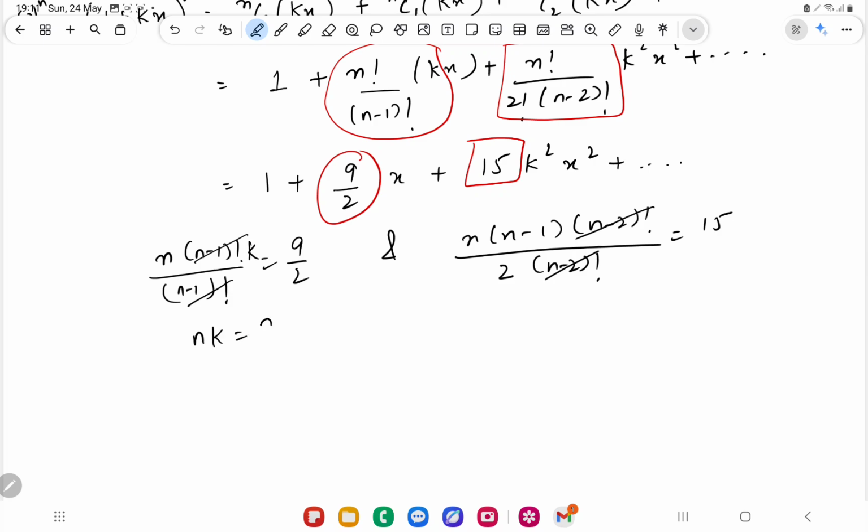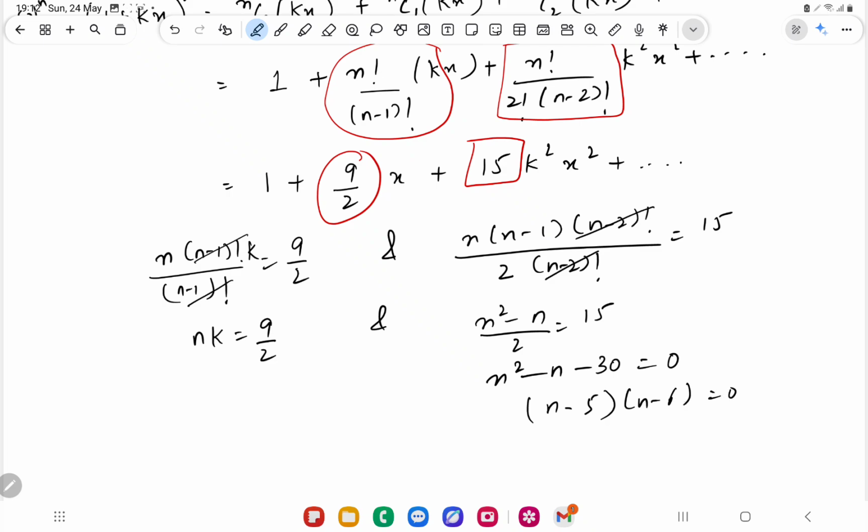So I got nk as 9 by 2, and from here I got n square minus n by 2 as 15. So I can simplify this. n square minus n minus 30 is equal to 0, and on simplification I will get n minus 5 into n minus 6 as 0.